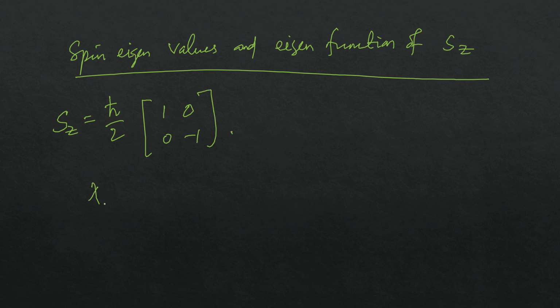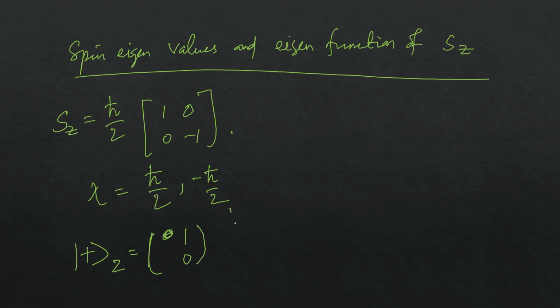So here the eigenvalues are h cut by 2 and minus h cut by 2. I can write the eigenstate of z as 1 0. Another eigenstate is this one.